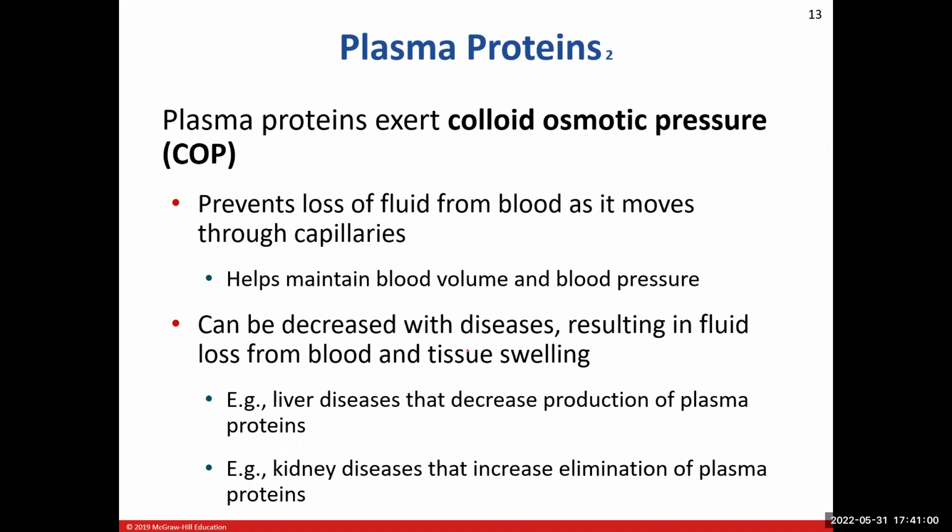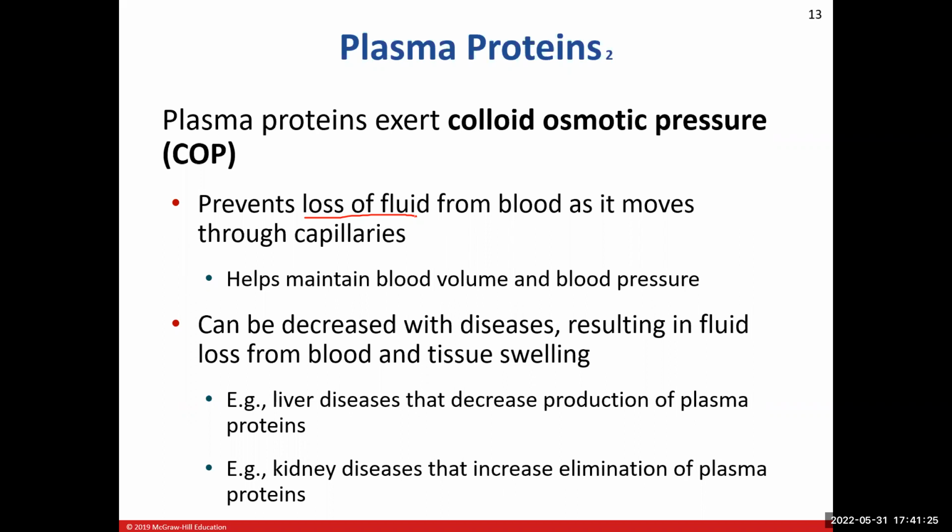And what it does is it helps to hold fluid, or it prevents the loss of fluid from the blood into your tissues. So colloid osmotic pressure helps to prevent blood vessels, primarily capillaries, from being leaky, from letting stuff leak out of the blood vessels that shouldn't be leaking out of the blood.